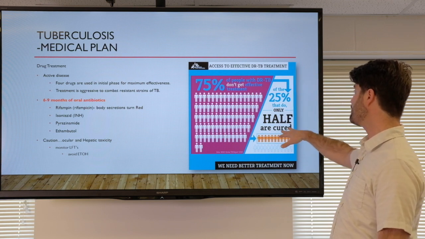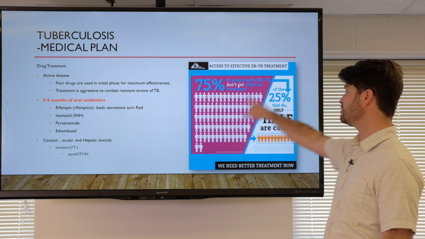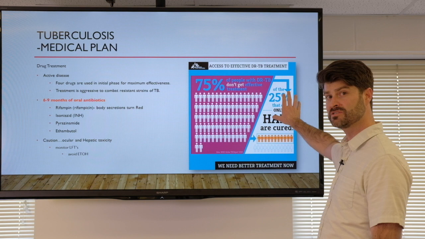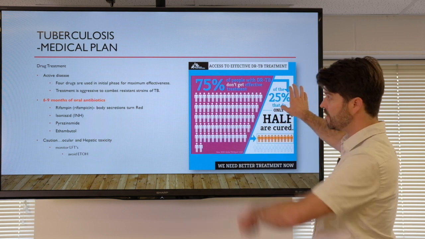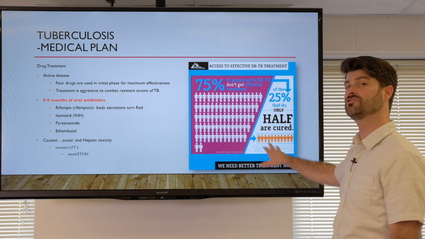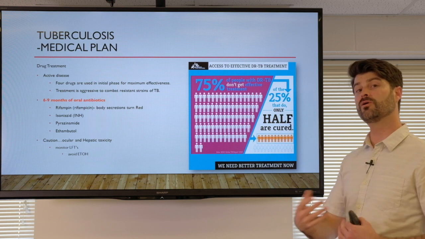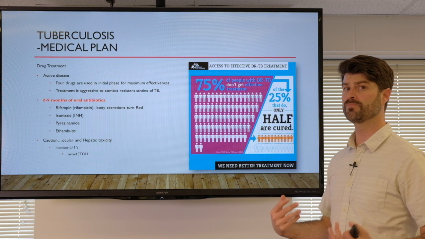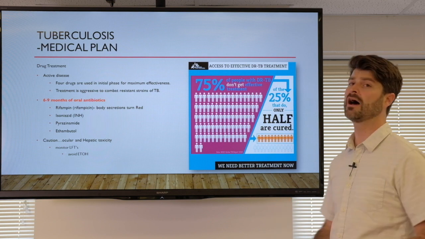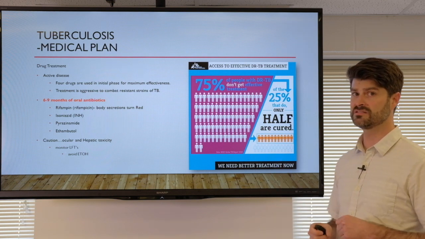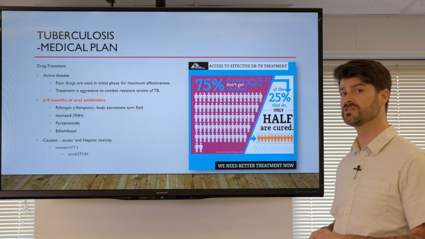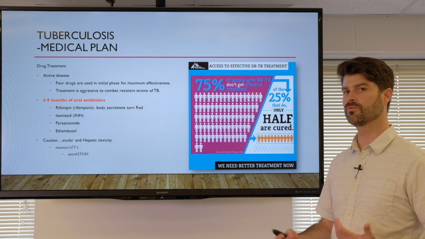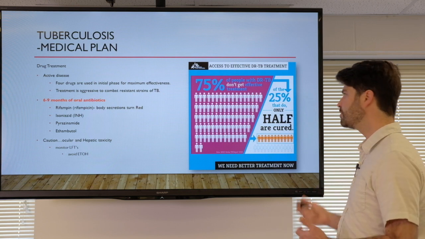Only half of that 25% that do complete their treatment, all 9 months of treatment, actually become cured, meaning they don't have any latent TB left in their body. We've cured the infection. So we do not have a very high success rate in treating this disease, especially when we get into the drug-resistant strains. That's why we're starting to see that plateau of cases worldwide. It's a pretty frightening one.